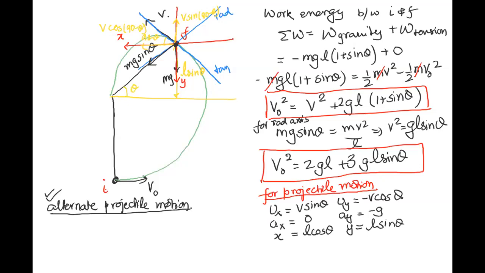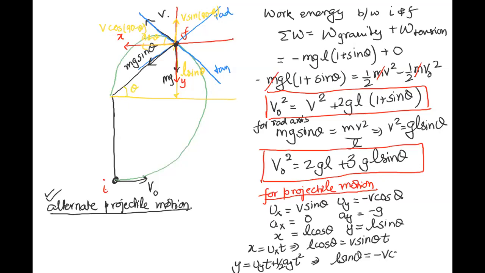So I get x is equal to uxt because ax तो 0 है, तो मेरे पास आ जाएगा L cos theta is equal to V sin theta t. y is equal to uyt plus half ayt square. यहाँ से मेरे पास आ जाएगा L sin theta is equal to minus V cos theta t, right? Plus half gt square.